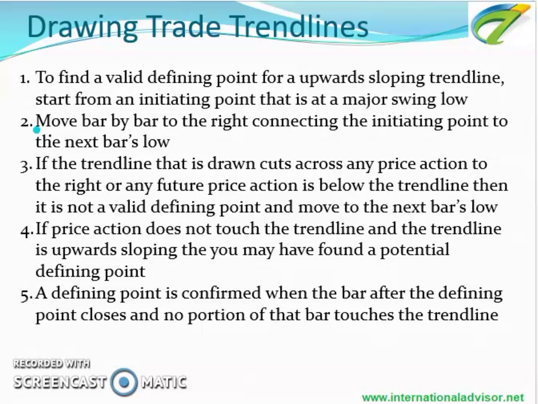If price action does not touch the trend line and the trend line is upward sloping, then you may have found a potential defining point. A defining point is confirmed when the bar after the defining point closes and no portion of that bar touches the trend line.